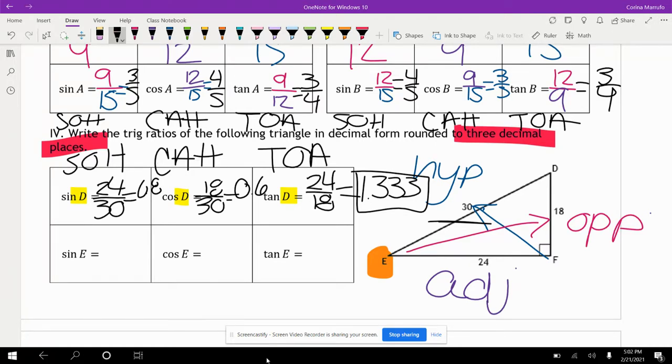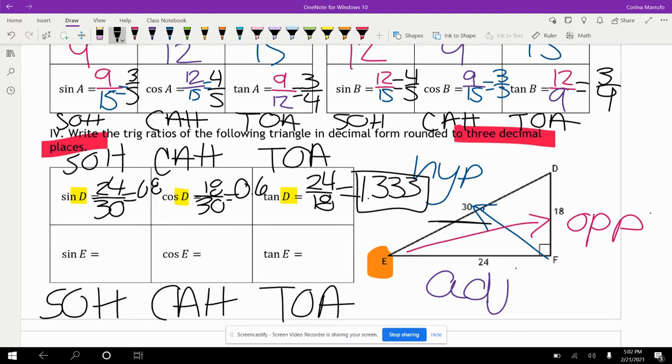We're still doing Sohcahtoa. Sine is opposite, which is 18, over adjacent, which is 24. So 18 over 24 gives us 0.75.